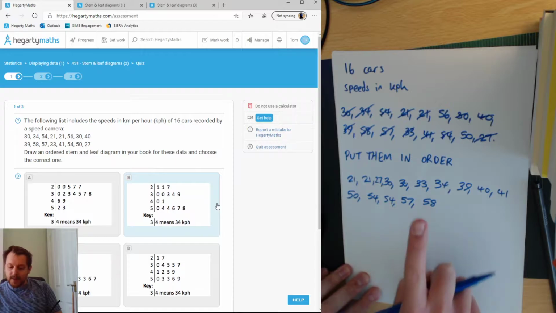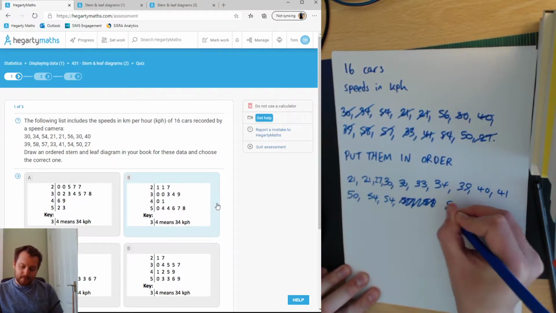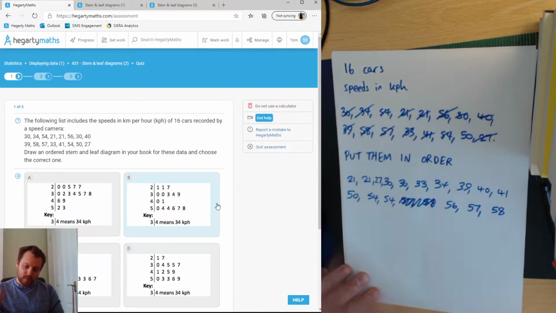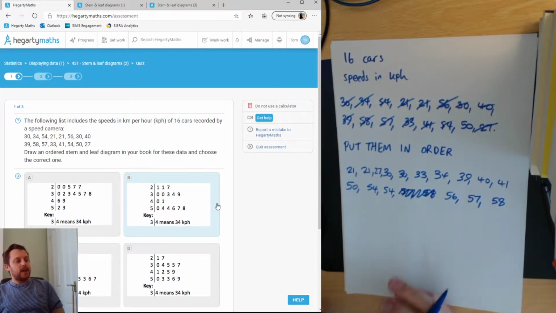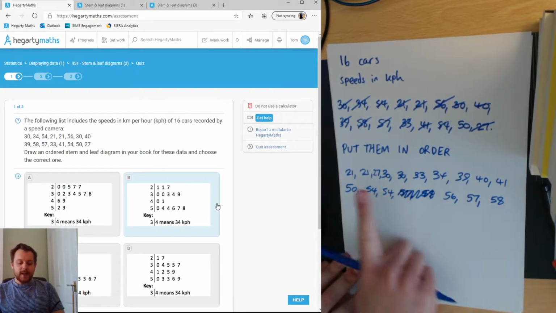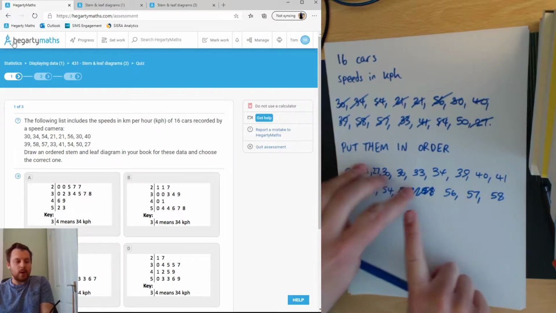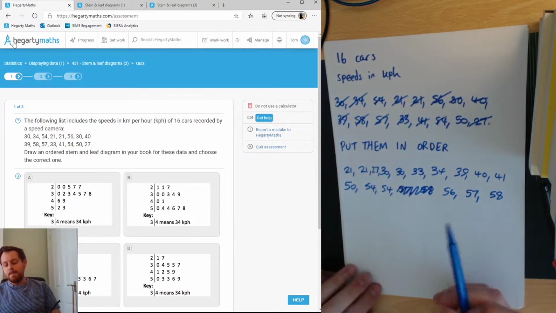So I'm missing 56. There you go, now they're in order. I could work out the range, so I'd do 58 take away 21. I could work out the median by crossing them off and going to the middle. There'll be two numbers in the middle, so I would go halfway between them.